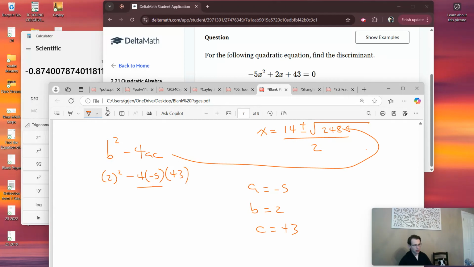Now look for easy ways to do this multiplication. Don't multiply 5 times 43. Do minus 4 times minus 5 first. This is 4 plus 20 times 43. Isn't it easier to multiply 43 by 20 than by 5? I think so. It's 860. So this is 4 plus 860, which is 864.